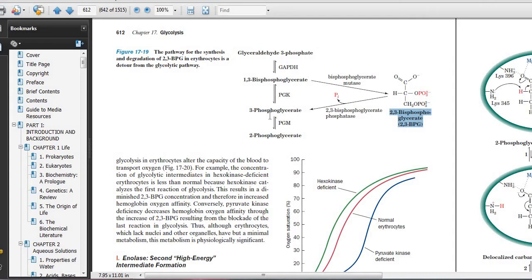So that means the RBC must have a detour from the normal pathway. So there are basically two ways present in the RBC by which it can generate 2,3 bisphosphoglycerate. The first is, like other cells, it can generate 2,3 bisphosphoglycerate as an intermediary compound during the conversion of 3PG to 2PG.